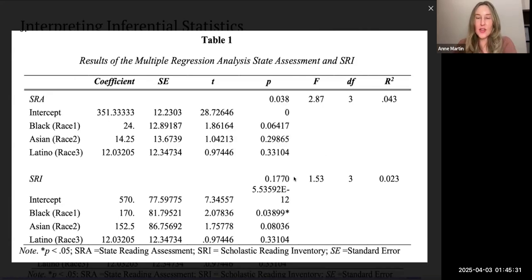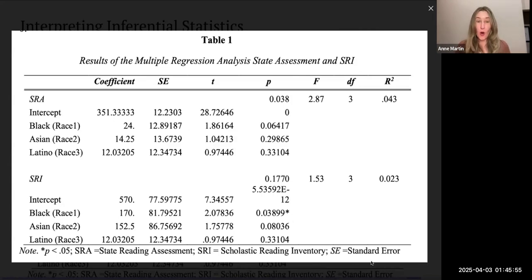Here you can see this, and then also in the text, they talk about the results of their post hoc and the significance that they found there. Now here you also see another statistically significant p-value, and this is showing that Black language learners outperformed the other races on this particular reading inventory.